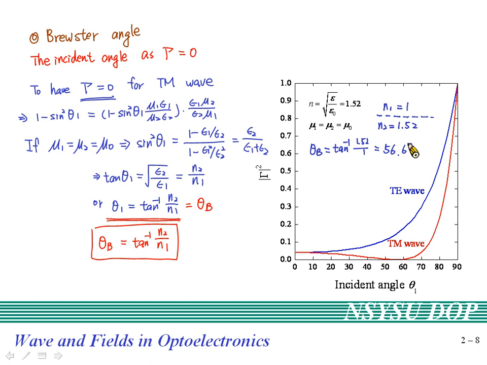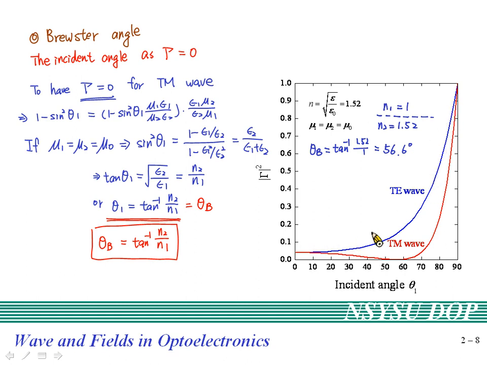Okay, so for the power reflection, you can see the blue curve here represents the power reflection for TE wave, and as you see, there is no angle which makes the reflection to be 0.